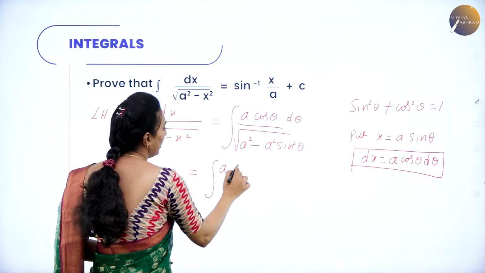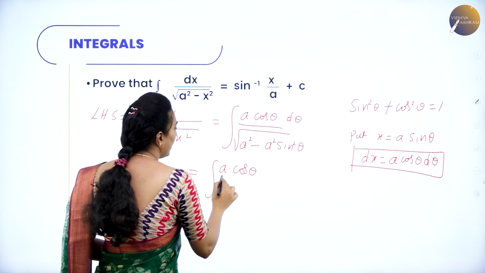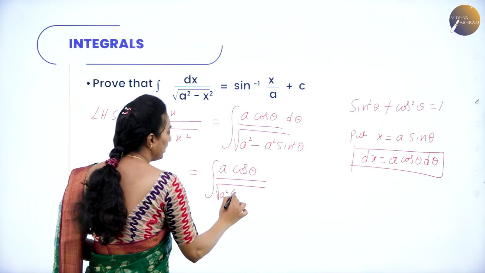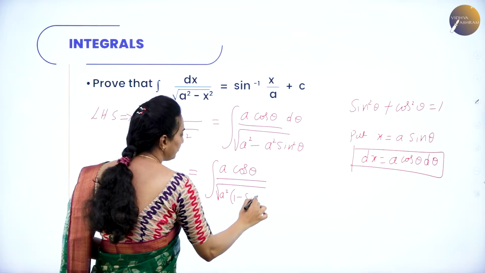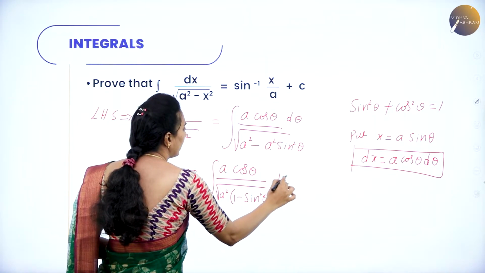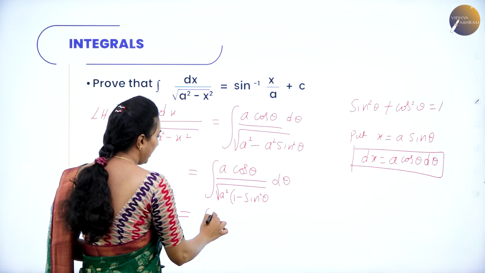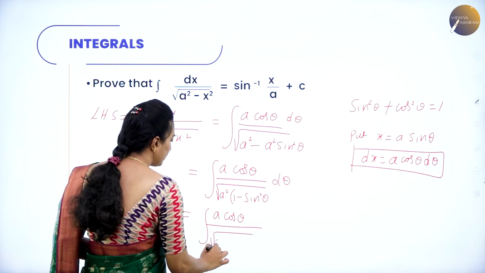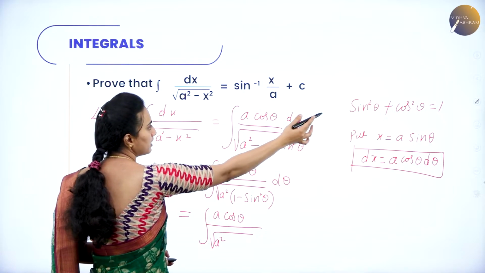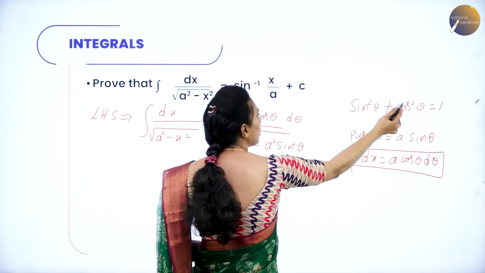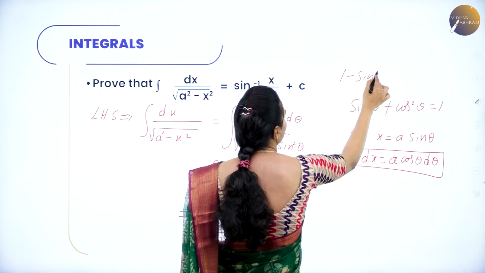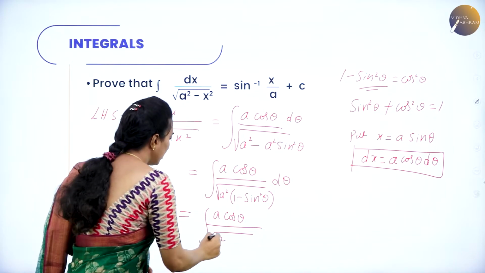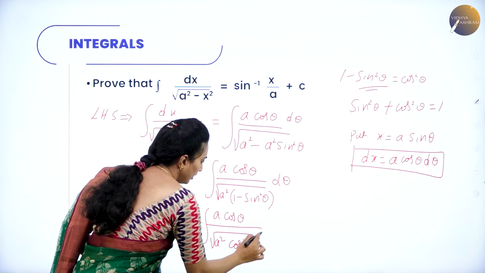So a cos theta in the numerator, and in the denominator under root a squared into 1 minus sine squared theta into d theta. 1 minus sine squared theta is equal to cos squared theta. So substituting this, it is equal to cos squared theta into d theta.